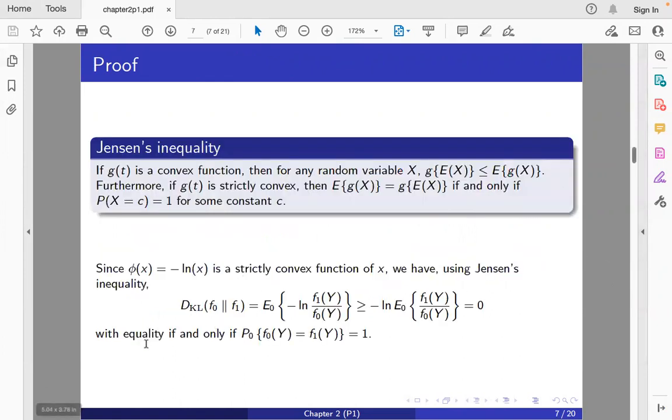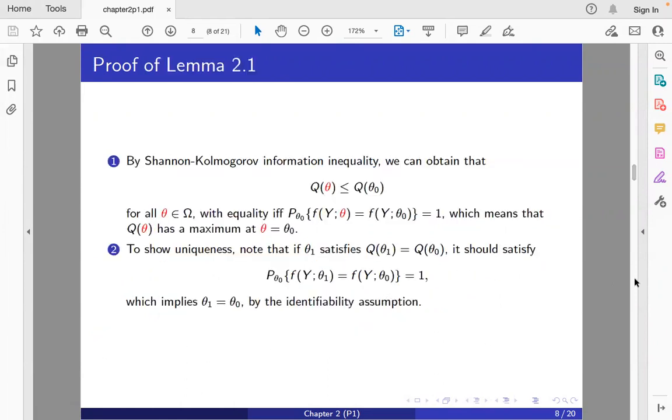So the equality holds if F0 equals F1 with probability 1. That means the densities are equal with probability 1, which implies the parameters are equal, by the identifiability condition. So that's why we need the identifiability condition to show uniqueness.